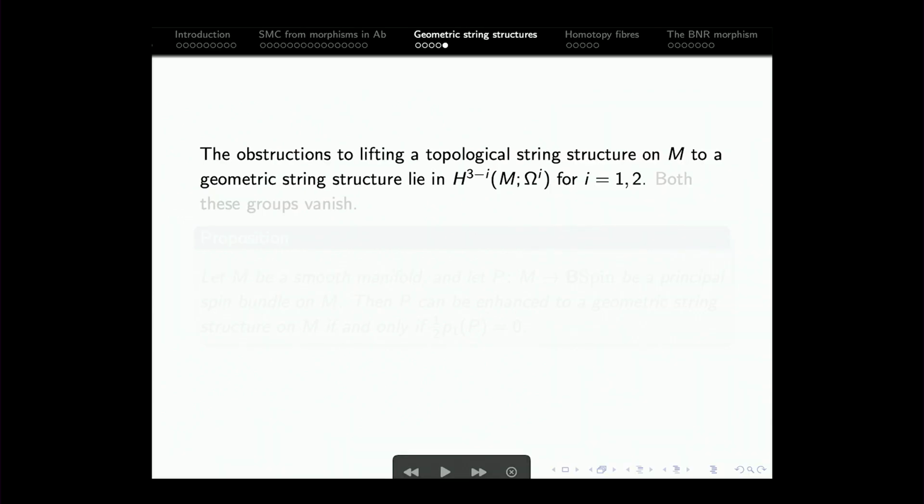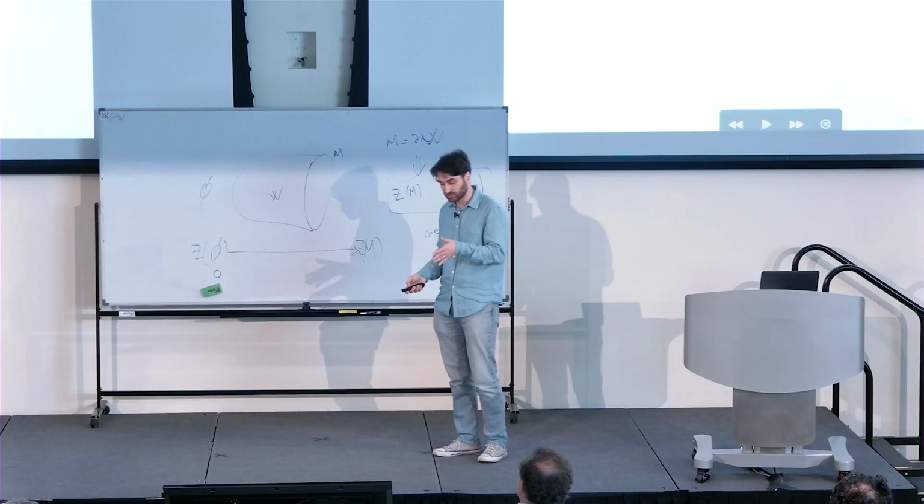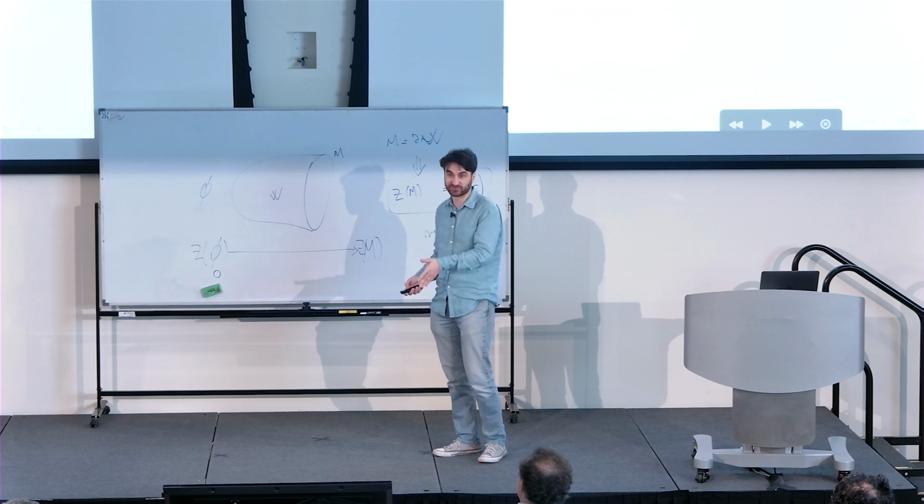So there are no obstructions in going from topological to geometric. If we want to go up to I equal 3, then here we get H0 of omega 3. So we have a 3-form that represents the obstruction to lifting a given geometric string structure to a full-fledged string connection.